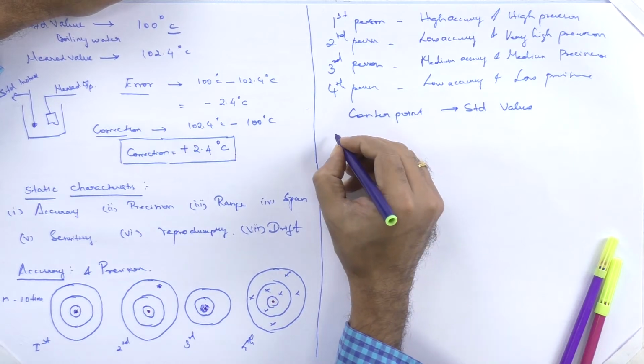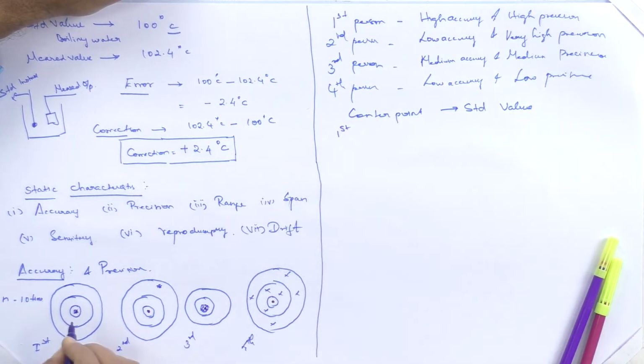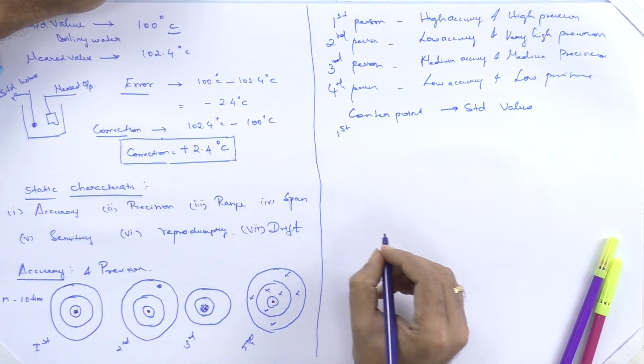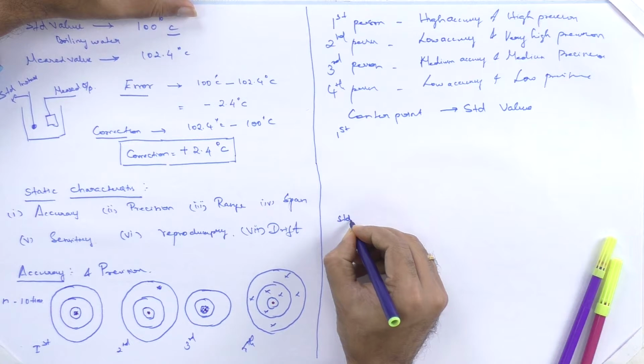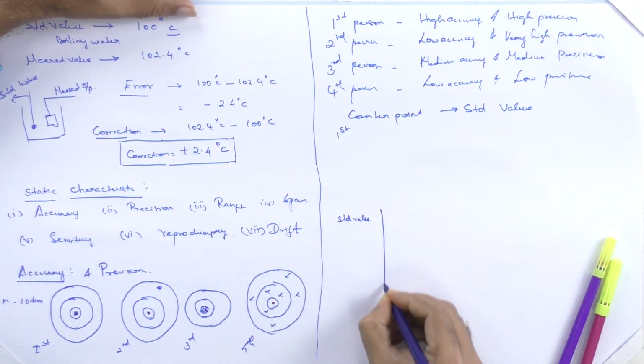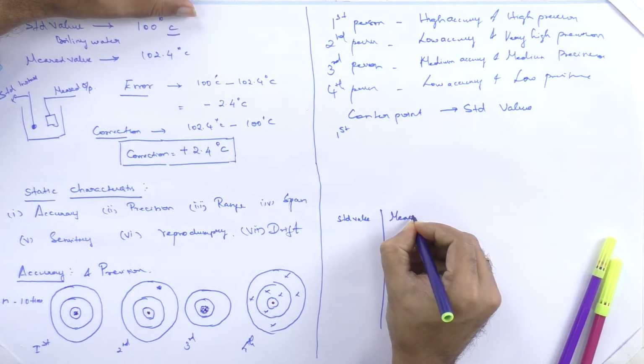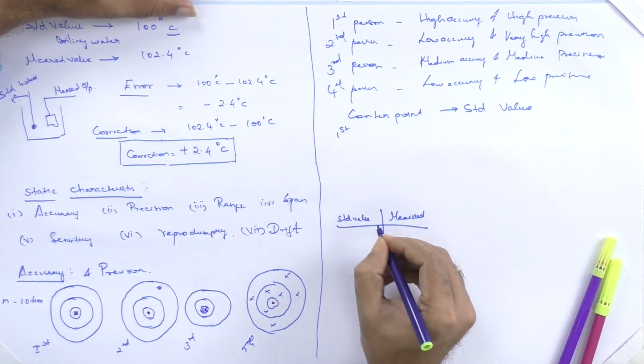Okay, the first instrument has a standard value being located somewhere. Let us consider it as 100 degrees centigrade, and then you are measuring it with a new instrument, and it is giving some 10 values. Now I am writing those 10 values like this. You see here, this is your standard value versus the measured value for the boiling point of water.